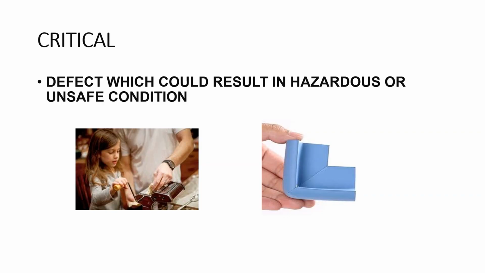Can you understand from this figure what is in it? There is also some critical, unsafe condition here. Sharp points are there where this child is playing. Those are the things we have to avoid, and if hazardous or unsafe conditions are created by the product, then that defect is called a critical defect.